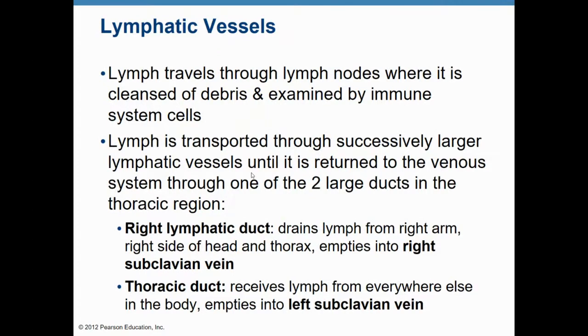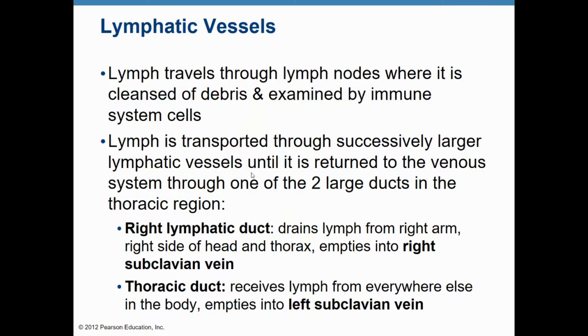So lymph travels through lymph nodes, where it's cleansed of debris and examined by cells of the immune system. The lymph is transported in successively larger and larger lymphatic vessels until it is returned to venous circulation through one of two large ducts that we find in the thoracic region.